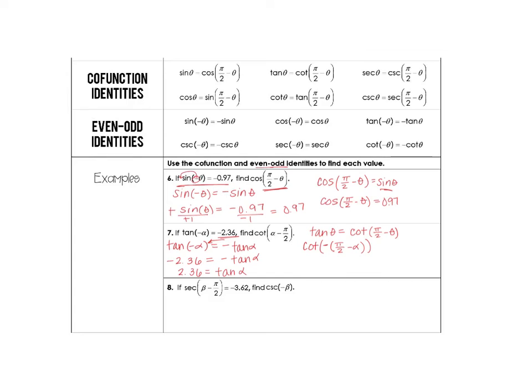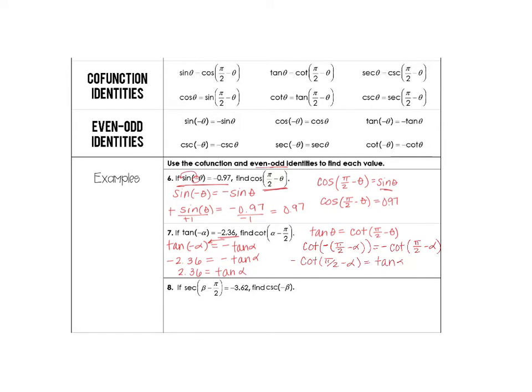And I know that then from what I know from cotangent's identity, that negative is just going to come out and be negative cotangent of pi over 2 minus alpha. And again, that's coming from right up above at our even and odd identities. So now I know that negative cotangent of pi over 2 minus alpha is really going to be equal to tangent of theta, or alpha in this case.